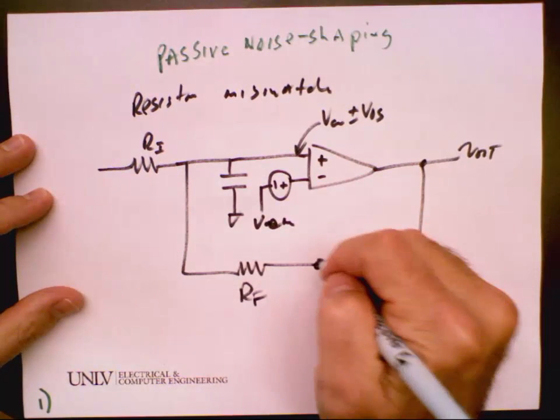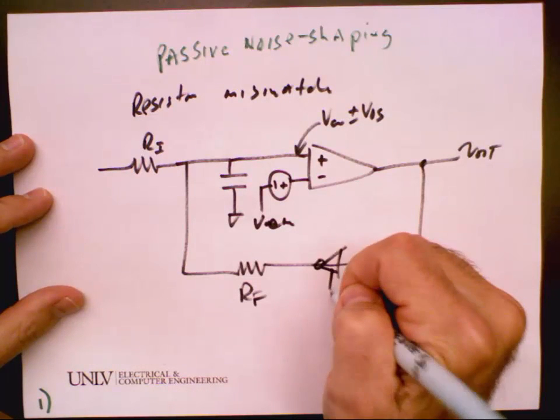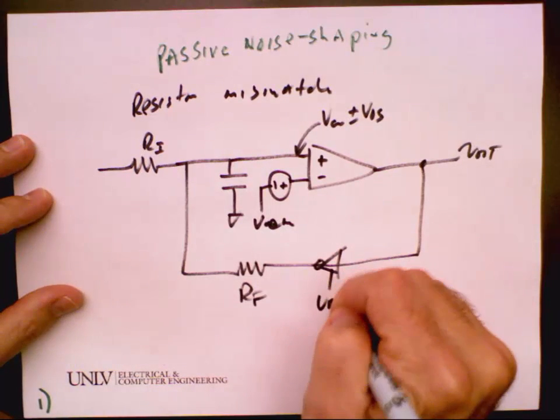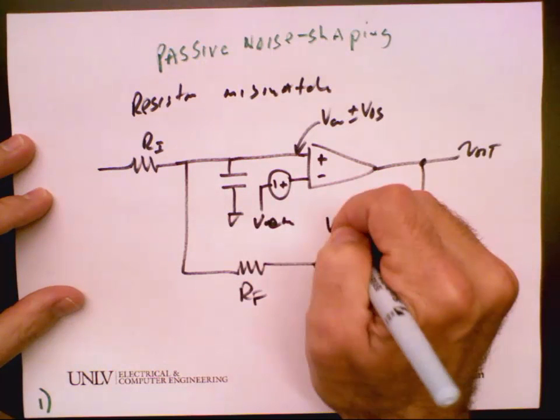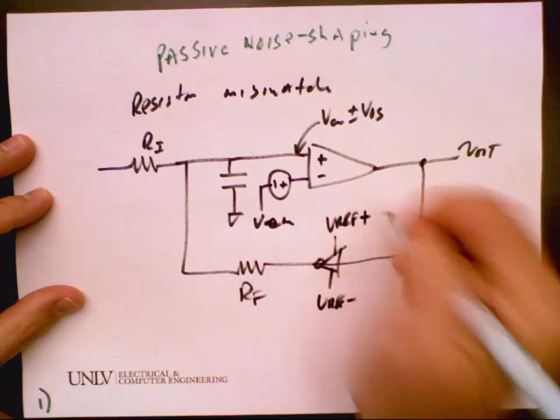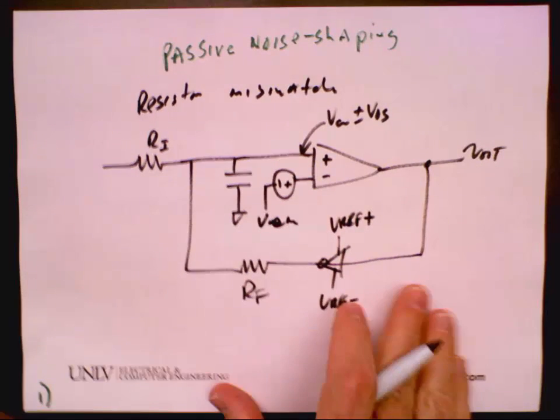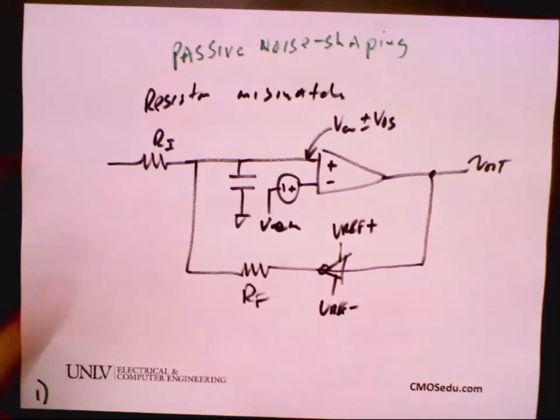Oh, I got the DAC in here, don't I? VREF minus and VREF plus. And before I go on, just tell me intuitively, what would you expect if these 2 resistors are not the same? Yeah, you get a gain error, right? Why?